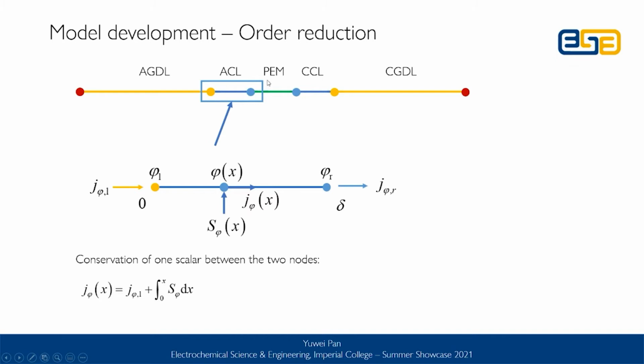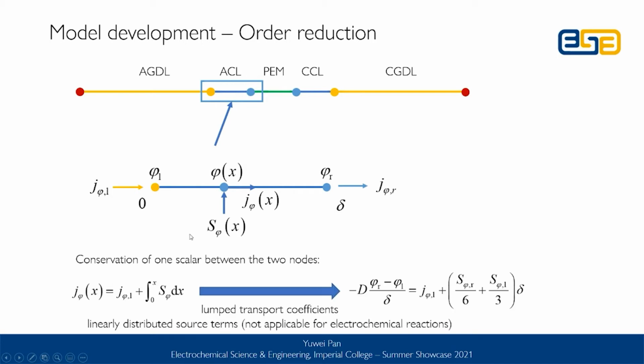Taking one cell component as an example, the fluxes between the computing nodes can be described by the conservation equation. By using a lumped transport coefficient and linearly distributed source terms, it can be further reduced to a linear equation that only includes the status of the neighboring computing nodes.